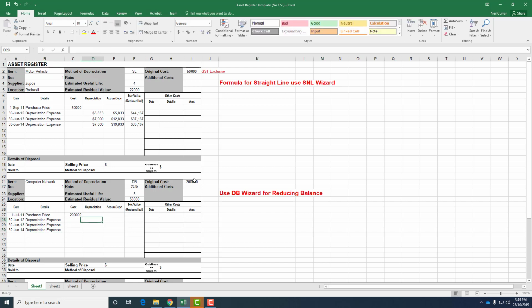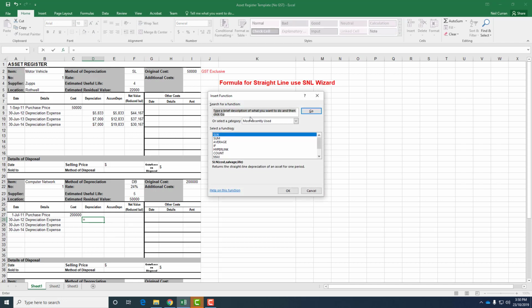Same principle applies when you're actually getting a formula for diminishing value. So equals, click this down, and then we're going to go to more functions, and diminishing value is called DB in Excel, and it is called diminishing balance.